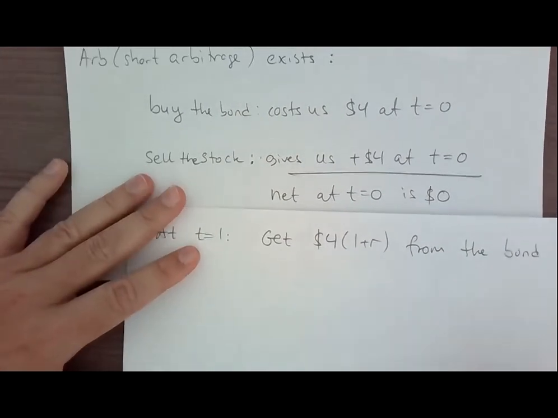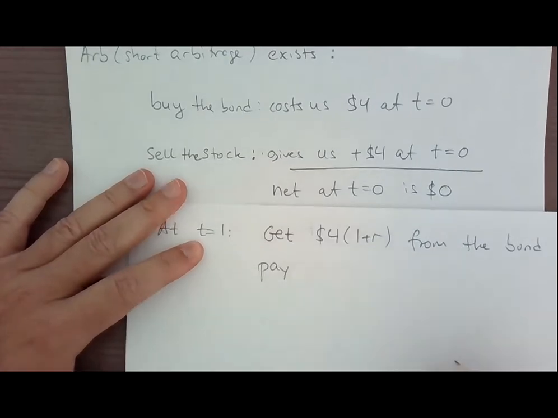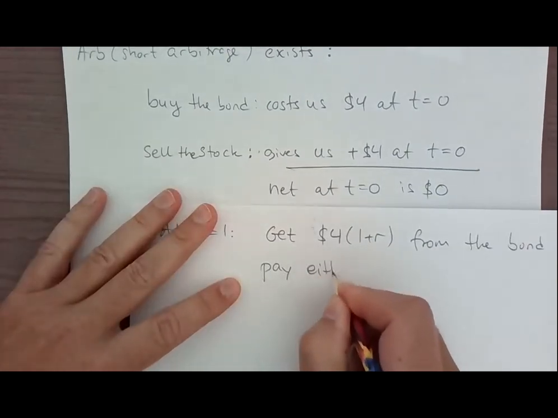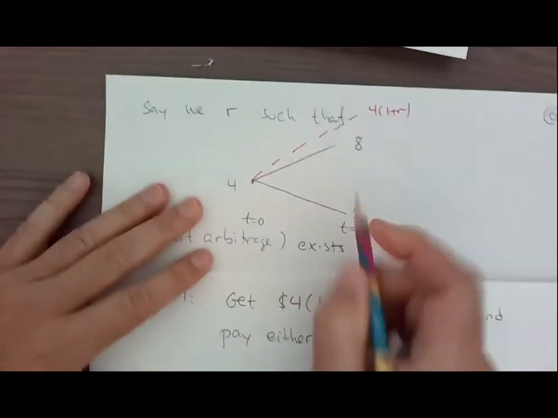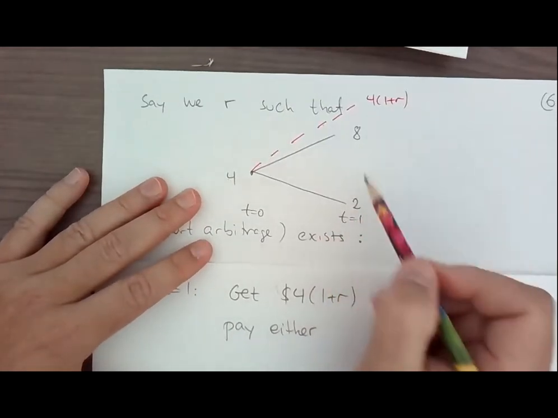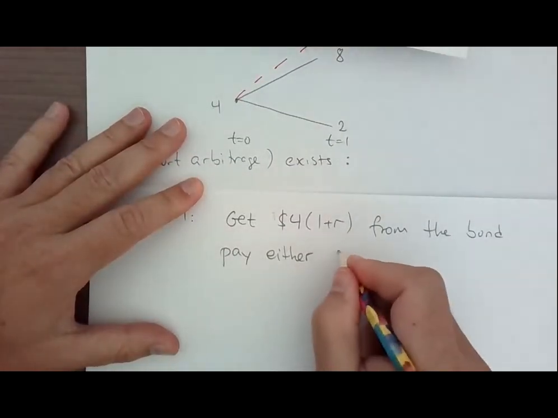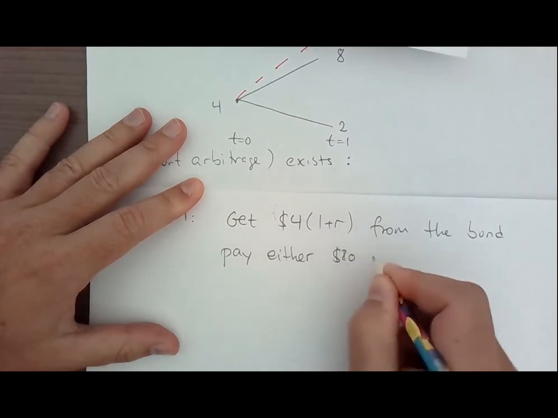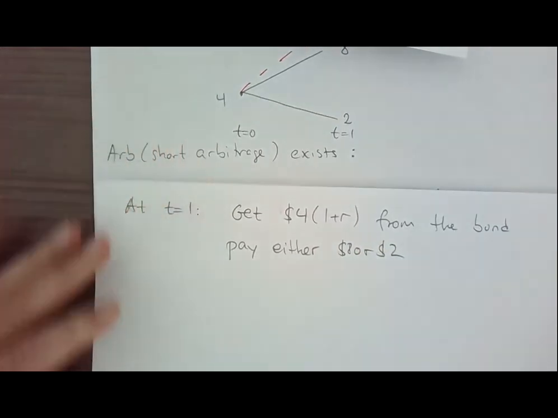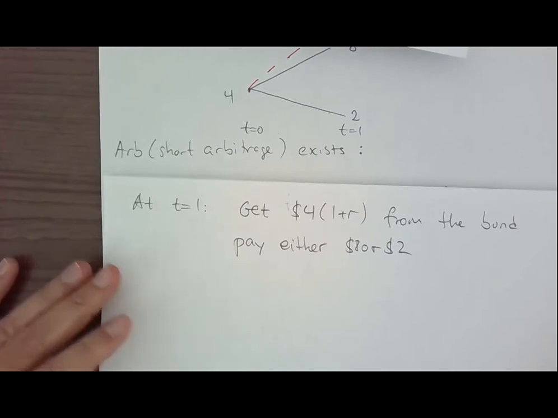And then we have to pay up, either 8 or 2. And so what's the net?